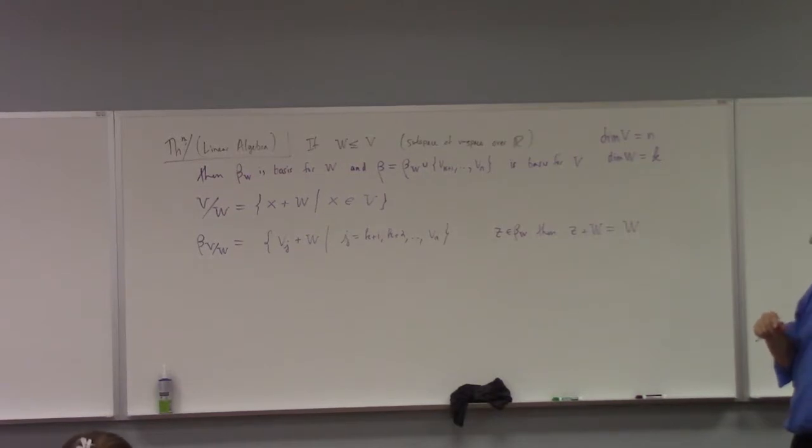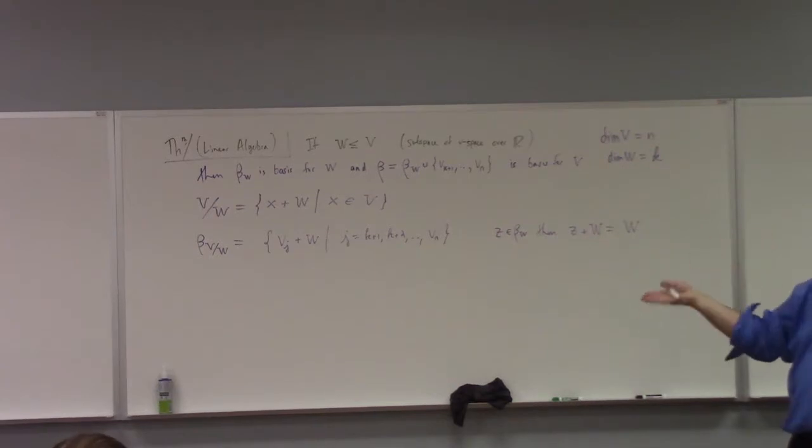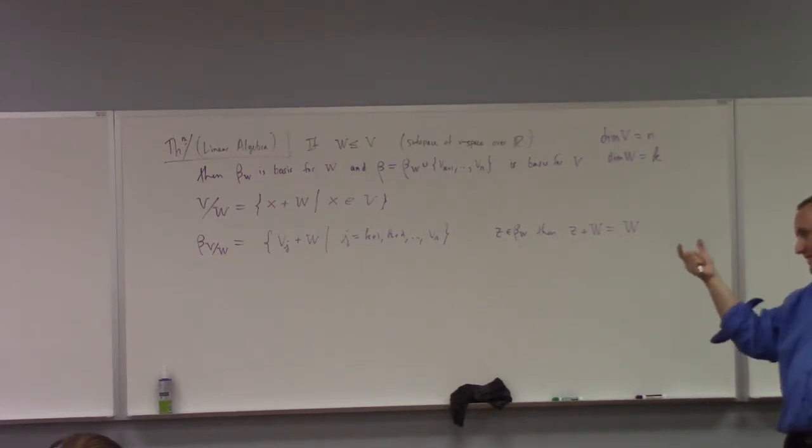This is the theorem. If you form the basis by extending the basis for a subspace to the whole space, whatever's not covering the subspace implies the basis for the quotient.